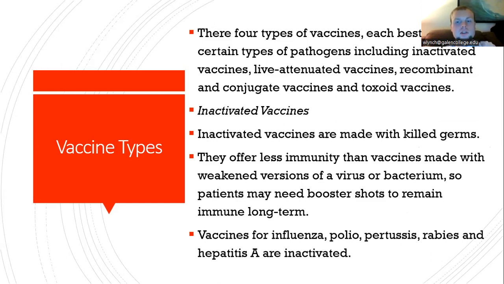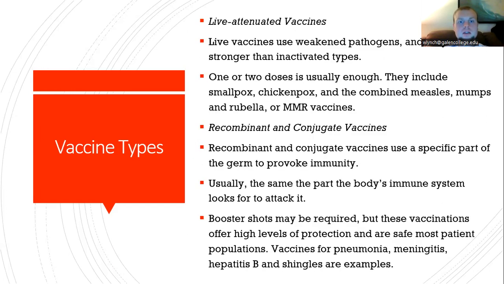So we have the markers on the surface of that cell that we can see and we could administer, but we don't have the living variation of it. So we don't have the body's exposure to the living organism. So this may provide a diminished immune response, all right? Some examples of this: vaccines for influenza, polio, pertussis, rabies, hepatitis A are all inactivated vaccines.